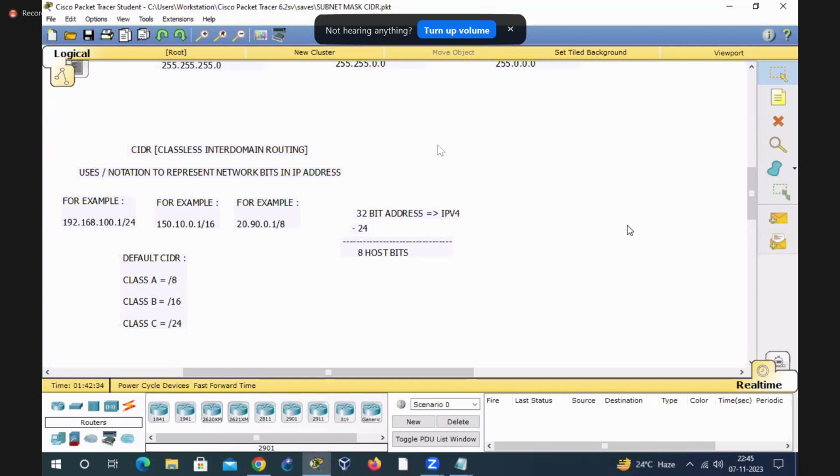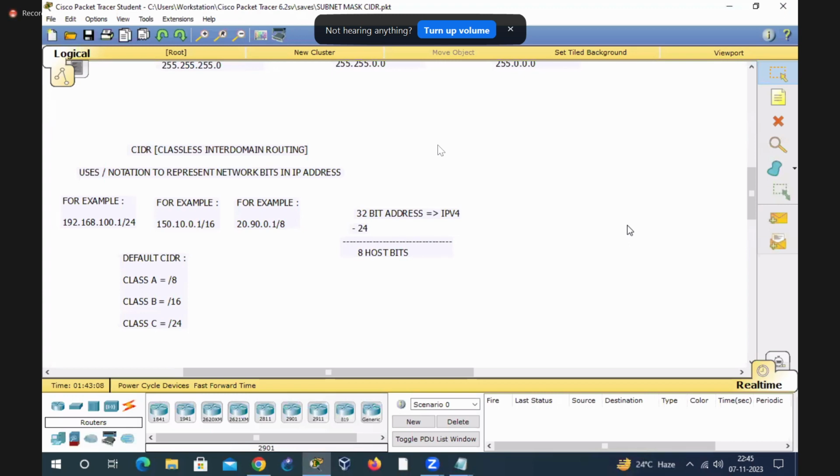And class C, the local range is 192 to 223, and the range is 192.0.0.0 to 192.167.255.255, 192.169.0.0 to 223.255.255.255. For class D, the local range is 224 to 239, and the range is 224.0.0.0 to 239.255.255.255.